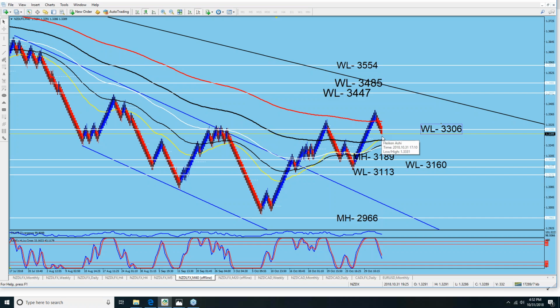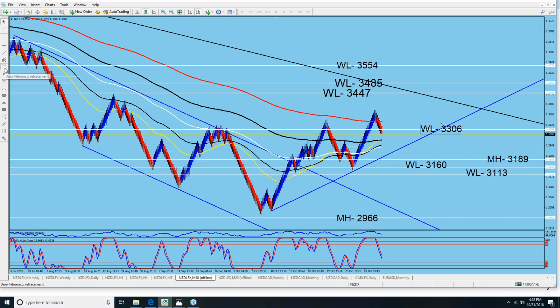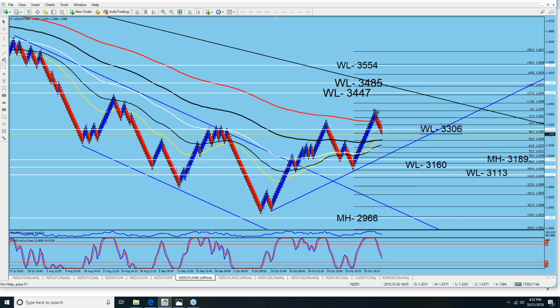Until then, probably this price is going to come down into this wave, and probably this rising TL, and doing so it will keep getting weak, and it can make pound USD go up even further.